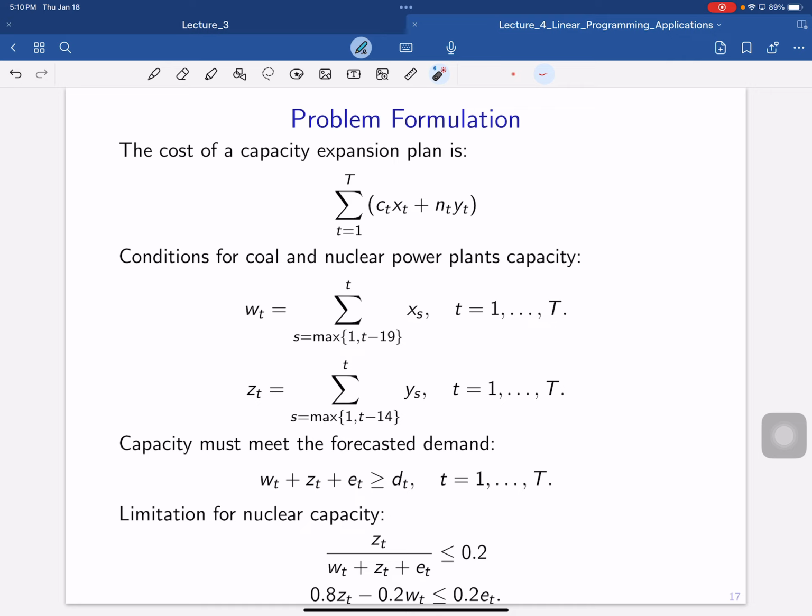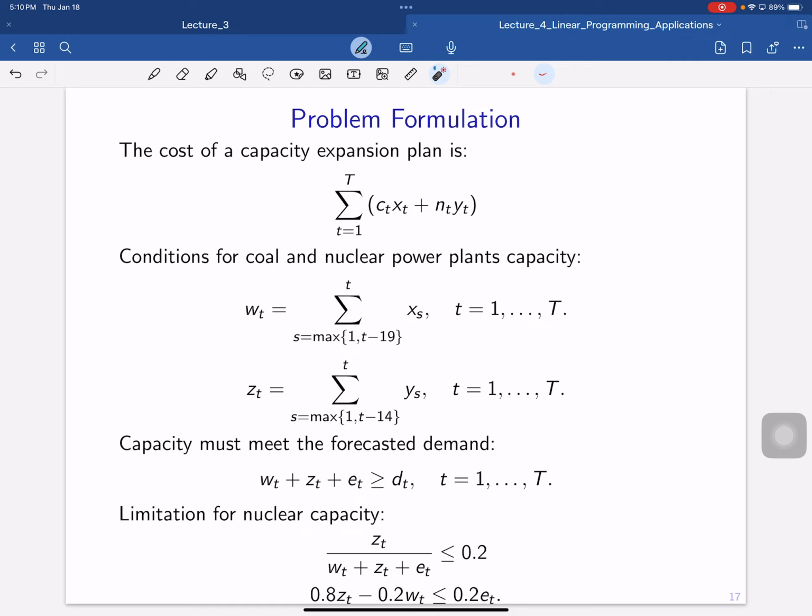So if the number of years is less than 20, no coal-fired power plant will retire. So you just sum all the coal-fired power plant you built in previous years. And on the other hand, if the number of years is greater than 20, then we will only sum up the plant that have not retired. Okay, that's what this max 1 and T minus 19 means. And similarly, we can do it for the nuclear power plant.